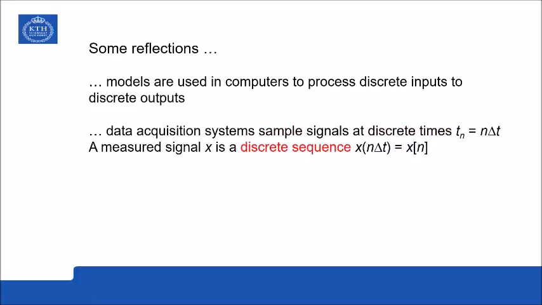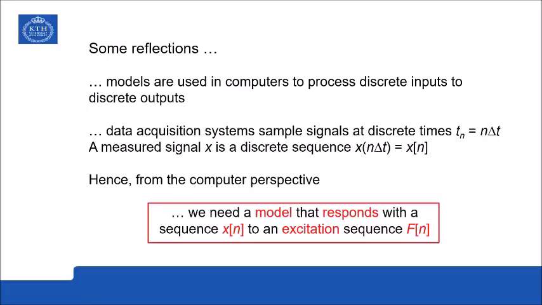So, all measured signals can be seen as a discrete sequence, with values only at certain times Tn. From the perspective of a computer model, we are really looking for a model that responds with a response sequence xn to an excitation sequence fn. That would be the kind of model we are looking for.